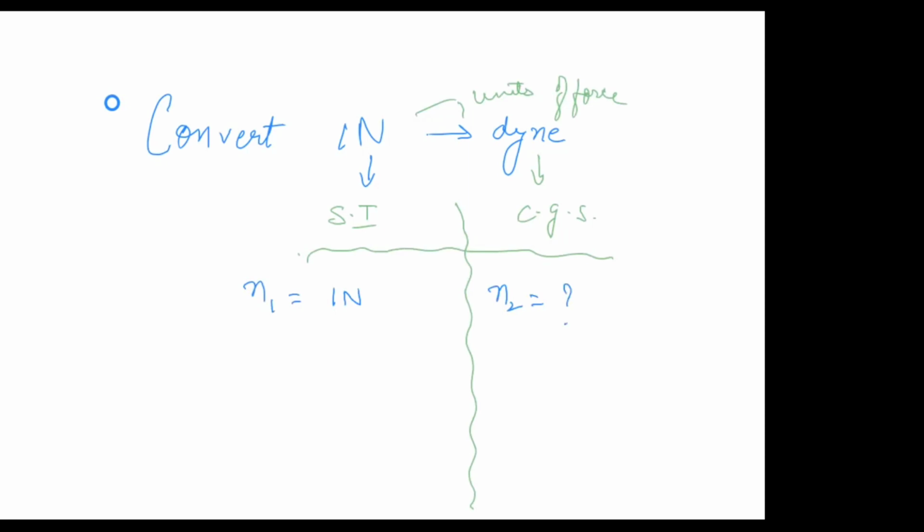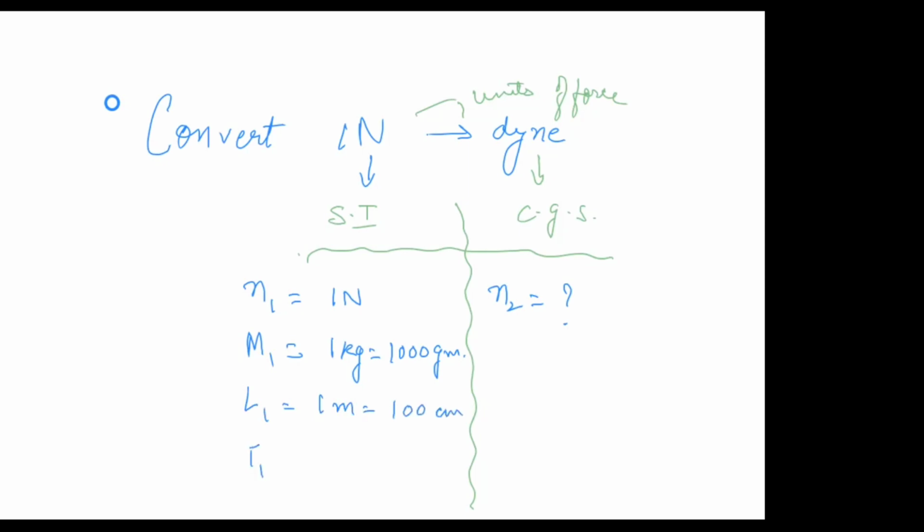Then M1 equals 1 kilogram, which is also equal to 1000 gram in CGS. Then L1 will be equal to 1 meter, which is again equal to 100 centimeter in CGS.